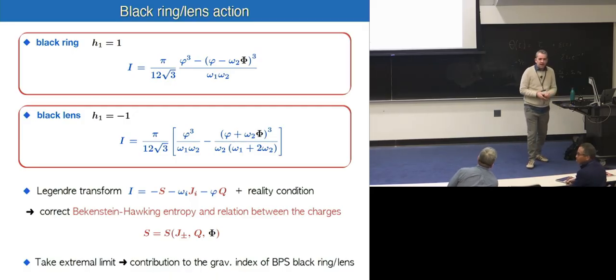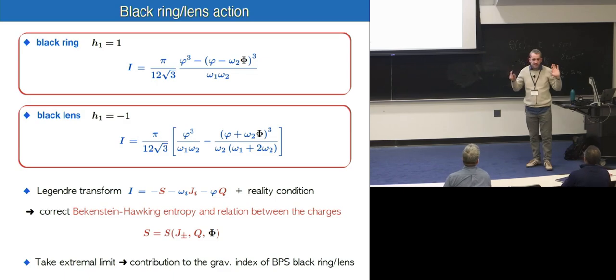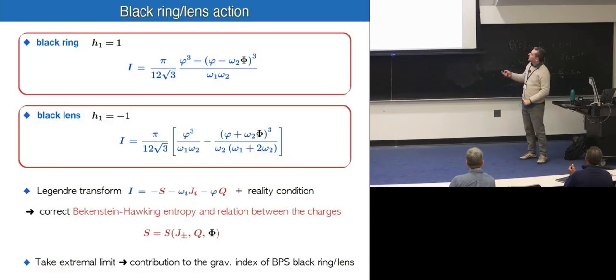It's a good question. In principle, here I'm defining my index in the asymptotically flat regime. So they satisfy the same boundary conditions in the sense that all of these have omega plus equal to pi I, so they in principle contribute to an index. And they also carry the same type of chemical potentials that are these ones.